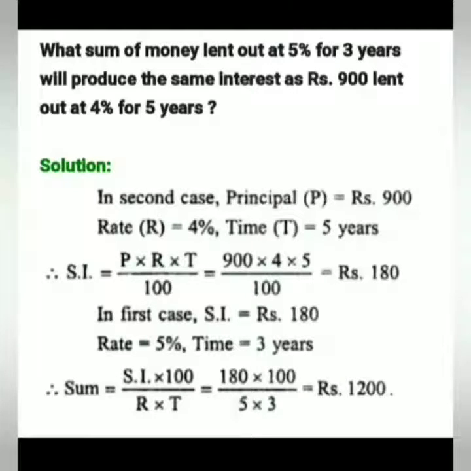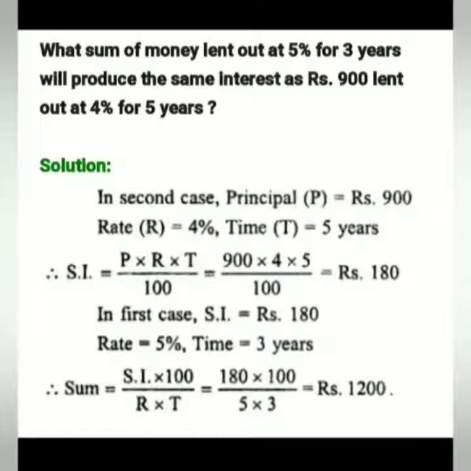Now moving on to the first part. As they have asked what sum of money, the principal we have to find out. Interest is there, the rate percent 5% is there, and time 3 years. Now simple interest is equal to P into R into T upon 100.